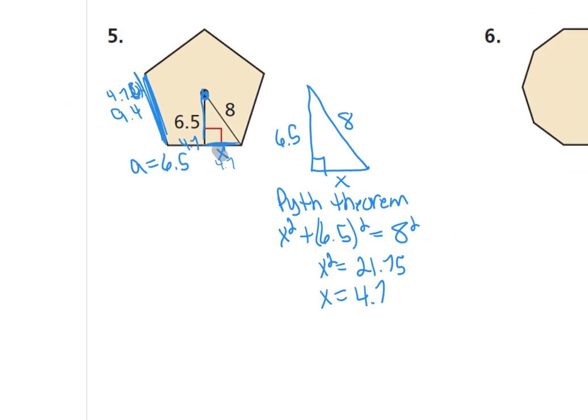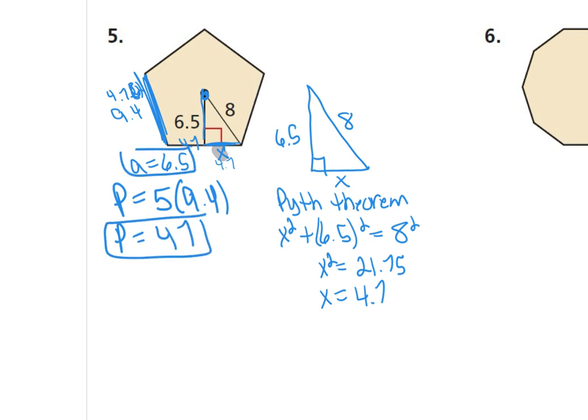Okay, so now we can find our perimeter, right? We have 5 sides. Each side is 9.4. So when we multiply 5 times 9.4, we get 47. So now we have our perimeter, we have our apothem. So now we can go ahead and go to our formula. Half the apothem times the perimeter.